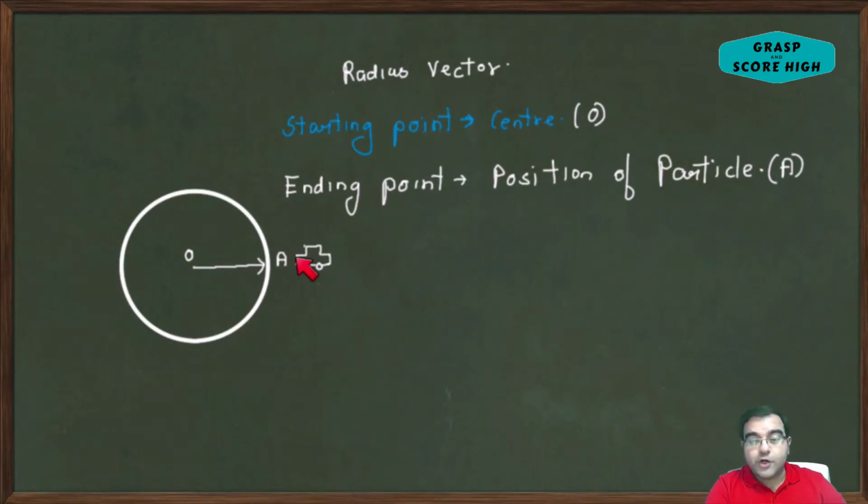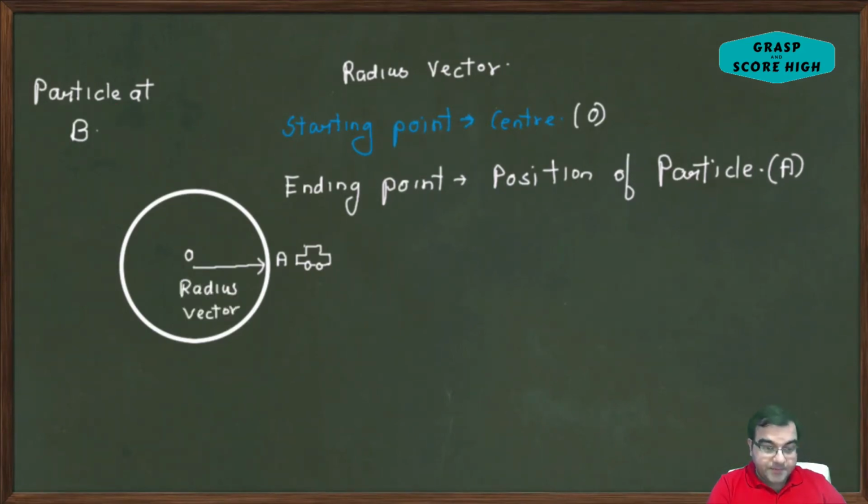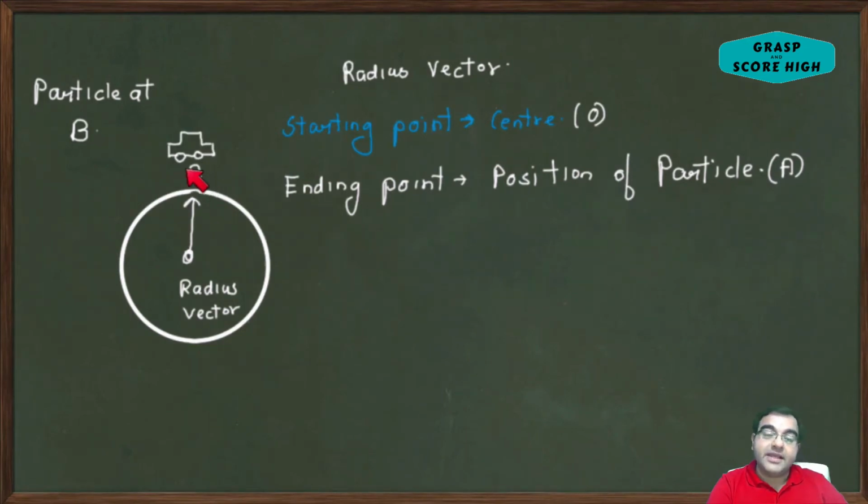So there are 2 things for you to understand. One is your starting point, which is O, the center, and one is your ending point, which is the position of the particle. Now let's say the particle moves to another point B. My initial point is still the same, which is the center.